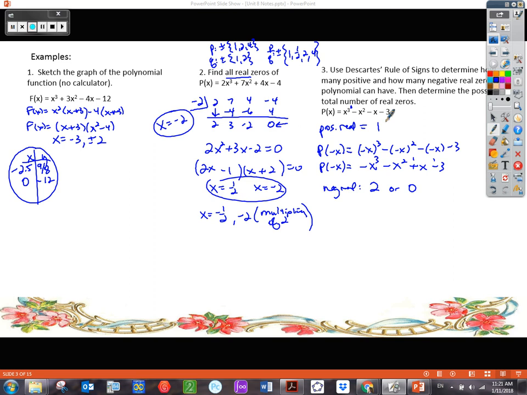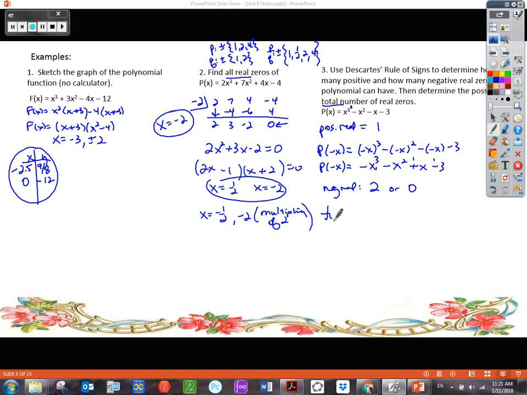Now why didn't I do an even whole number below 1? Because if I do 1 minus 2, I get negative 1, and that doesn't make any sense. We can't have a total of negative 1 possible positive real roots, so that's why that didn't work. Now we are asked to determine the total.